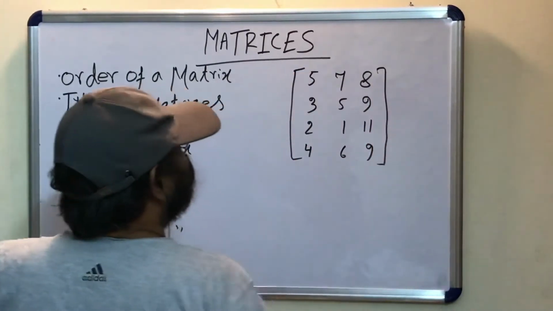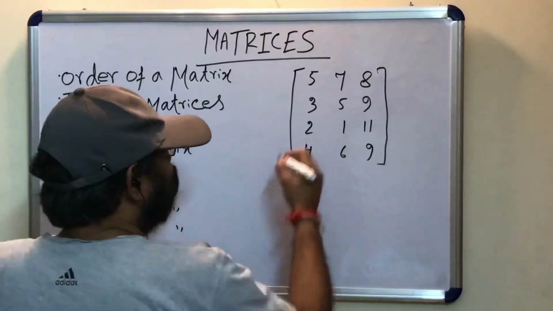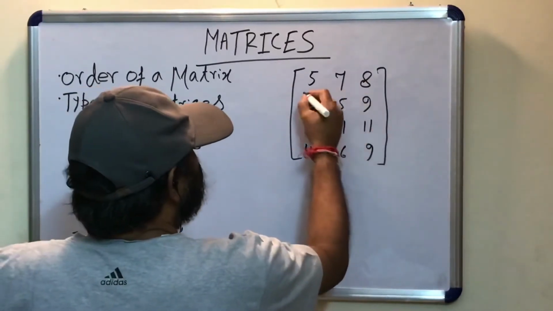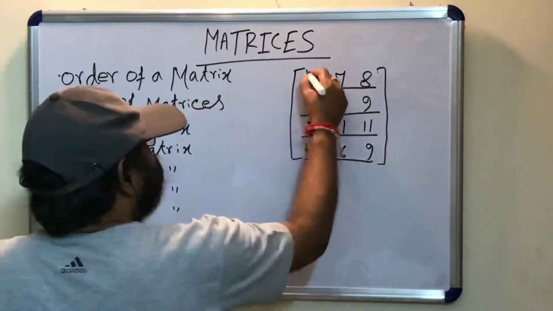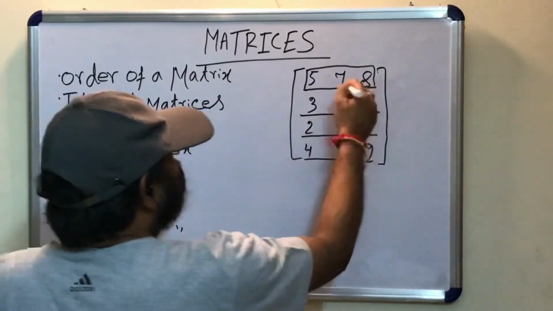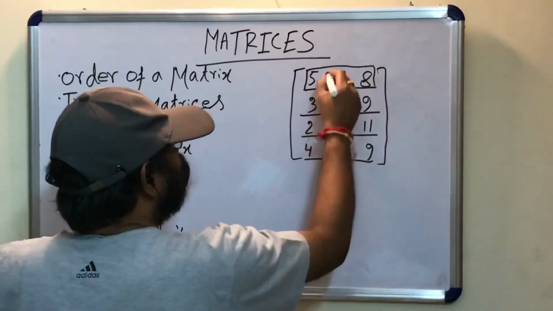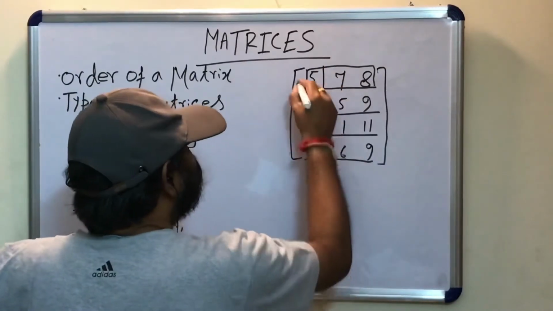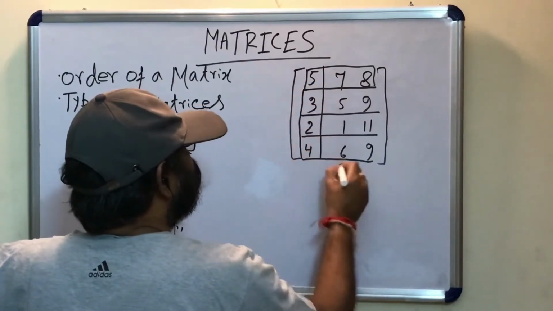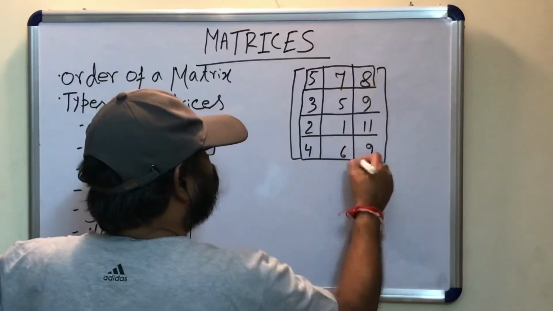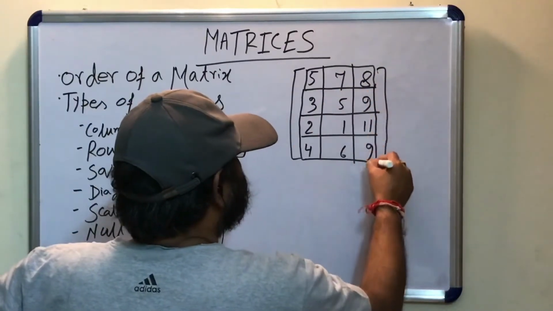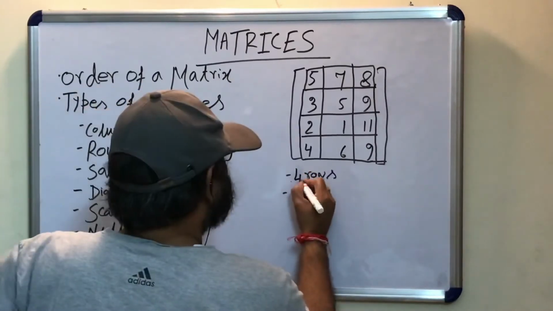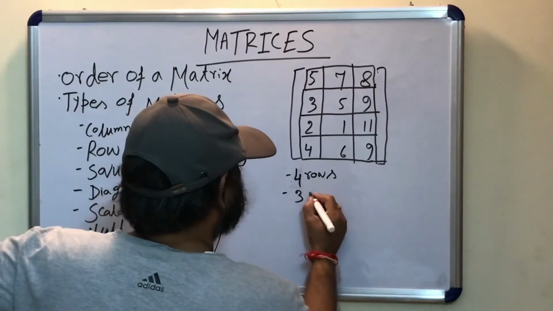These elements have been arranged in row and column form. Horizontal boxes are rows, and vertical boxes are known as columns. So how many rows and how many columns does this particular matrix have? 4 rows and 3 columns.